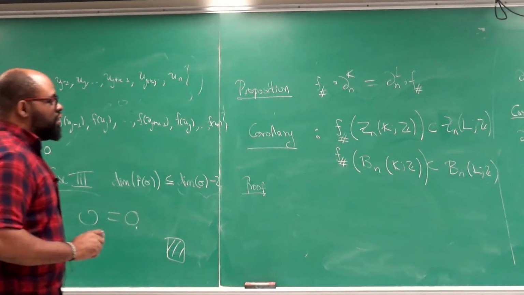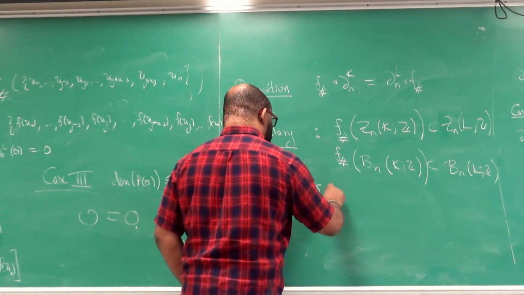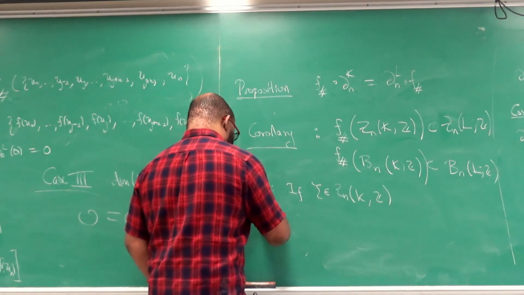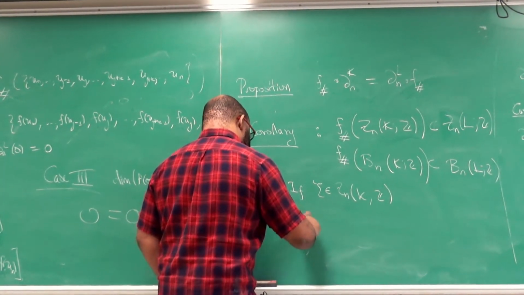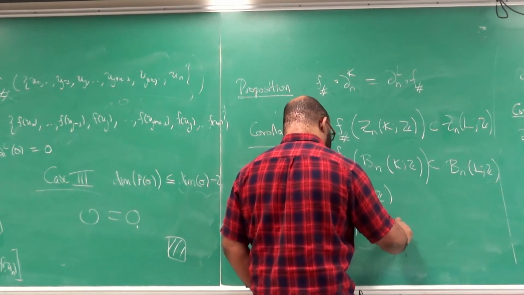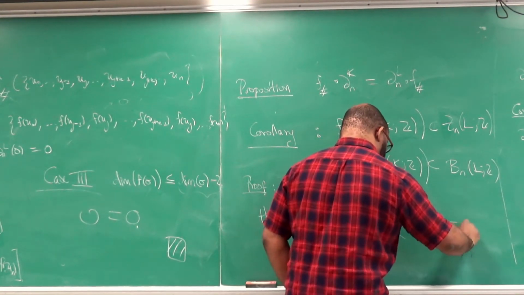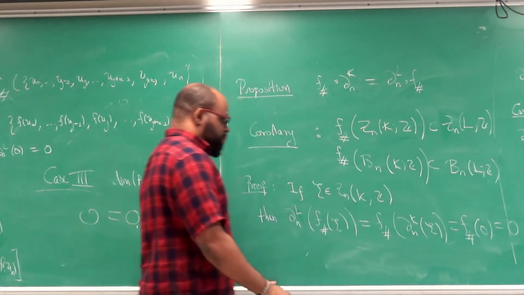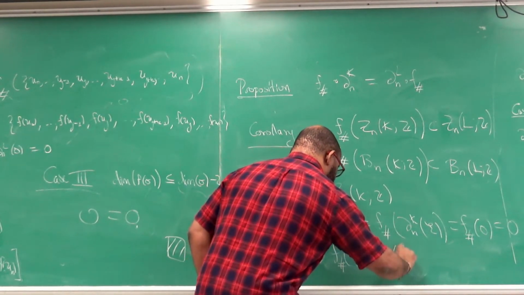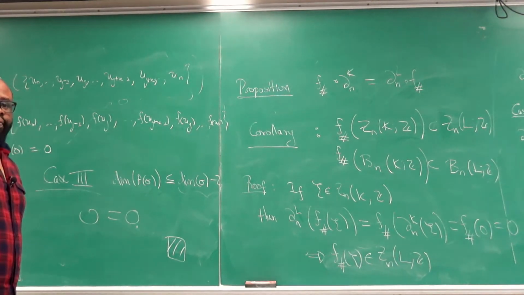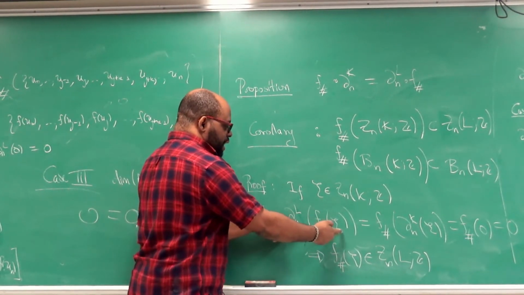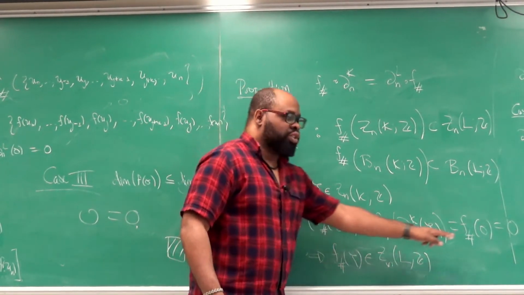To see that that's the case, notice that if you take a zeta in the cycles of K, then applying the boundary in L to F sharp of zeta is the same thing as F sharp of the boundary of zeta, and this is F sharp of 0, which is 0, which then shows that F sharp of zeta is also a cycle, but now in L. So being able to swap these two tells you that if something started as a cycle, when you applied F sharp, you end up with something that is also a cycle.